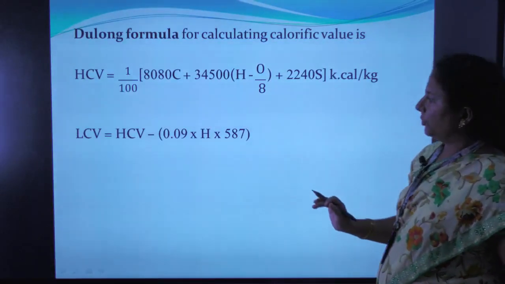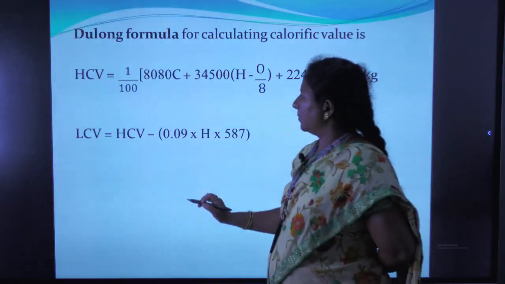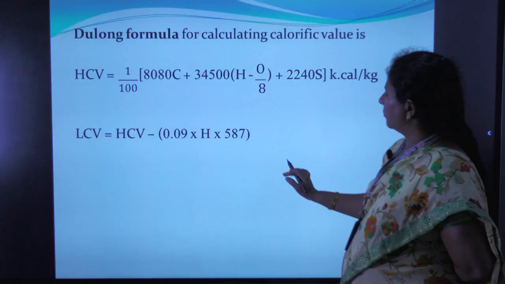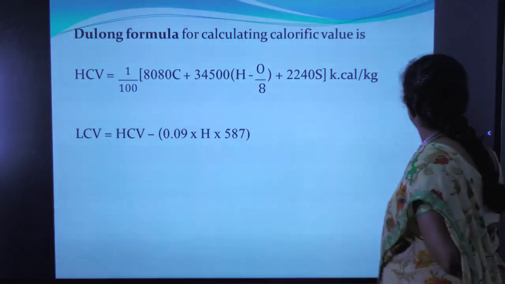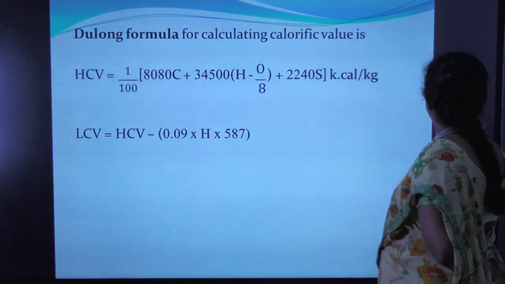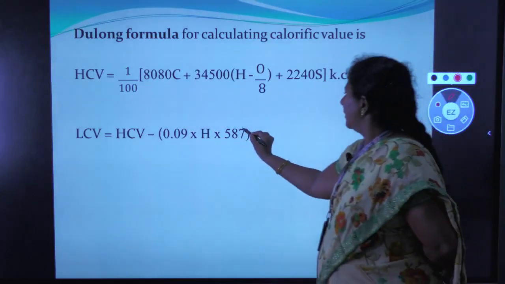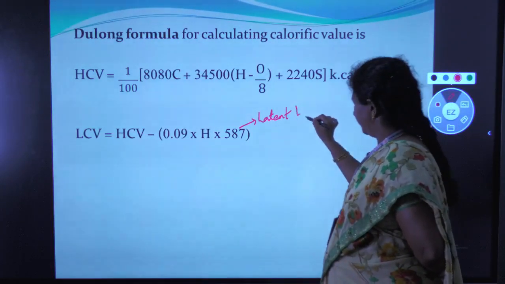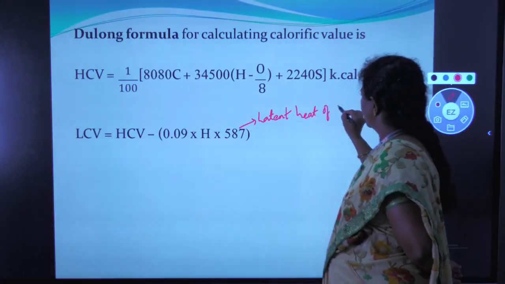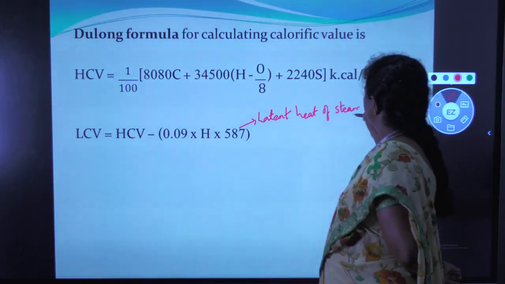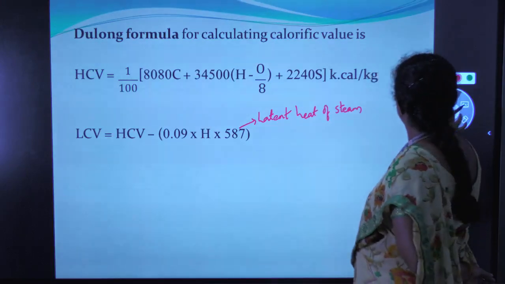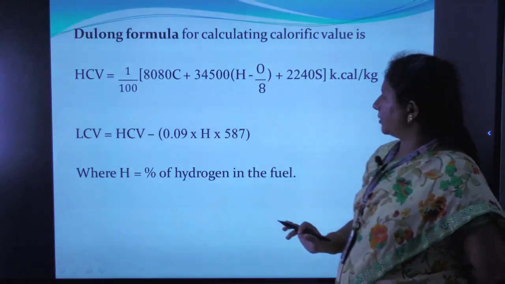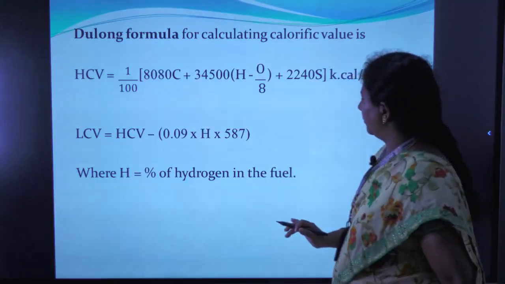Now only I showed you LCV is equal to HCV minus 0.09 into hydrogen into 587. This 587 is nothing but latent heat of steam. So here hydrogen is nothing but the percentage of hydrogen in the fuel.